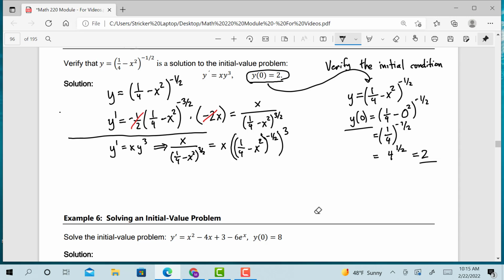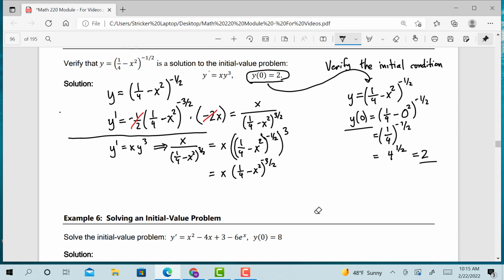Now we know when we raise a power to a power that we multiply those powers. So negative 1/2 times 3 is negative 3/2. So that right side becomes 1/4 minus x squared to the negative 3/2 power.